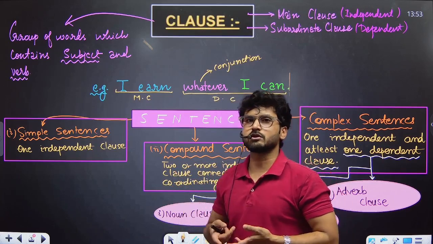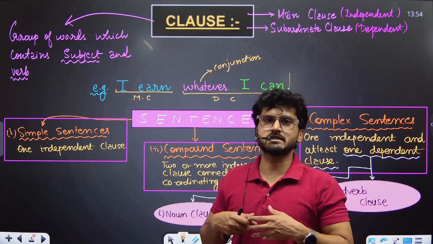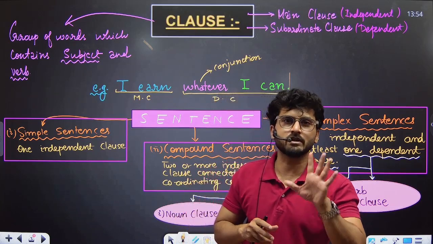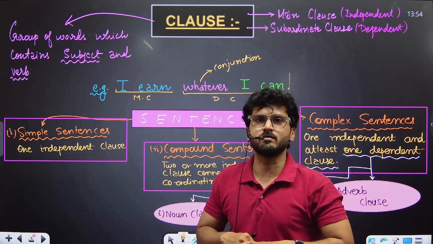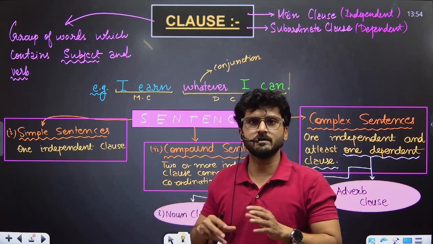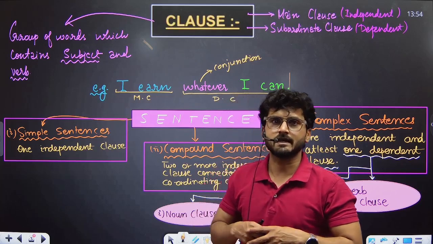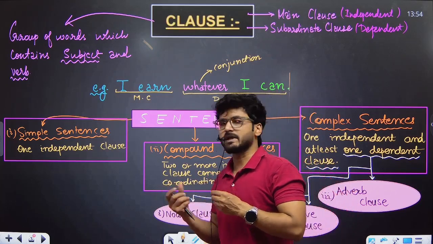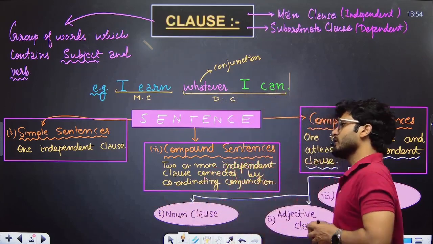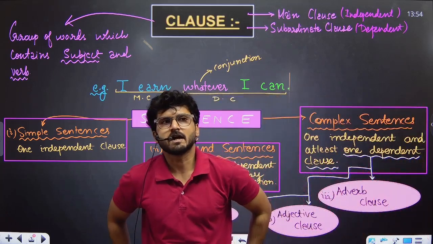Then coming to the adverb clause, which modifies the verb, we discussed the 8 subcategories of the adverb clause, like adverb of time, adverb of condition, adverb of comparison, adverb of place, and so on. In total, we discussed 8 kinds of adverb clauses.